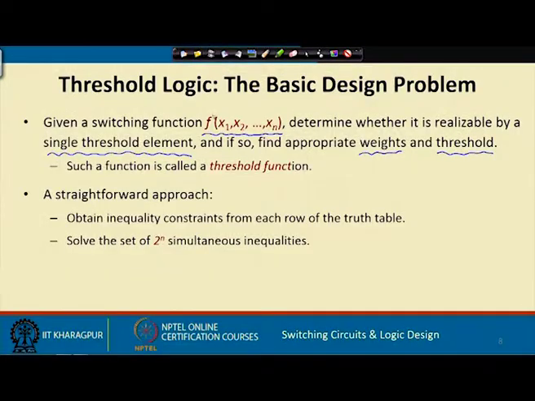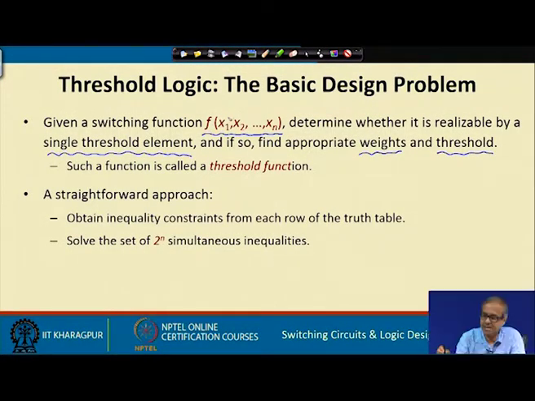So, if a function can be implemented using a single threshold element, we say that it is a threshold function. A threshold function is a function which can be implemented by a single threshold gate. We shall take an example to show how we can systematically check for this and how we can determine the weights.